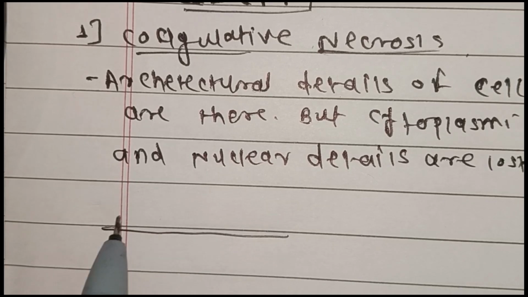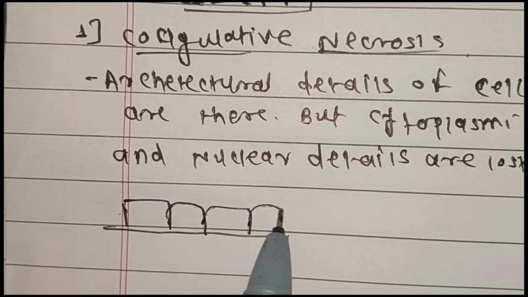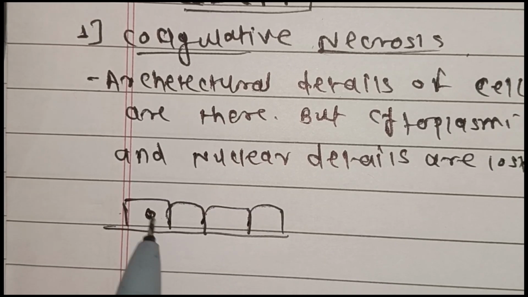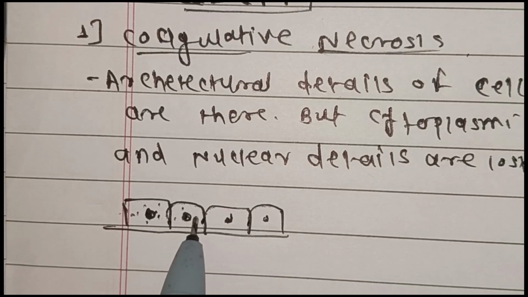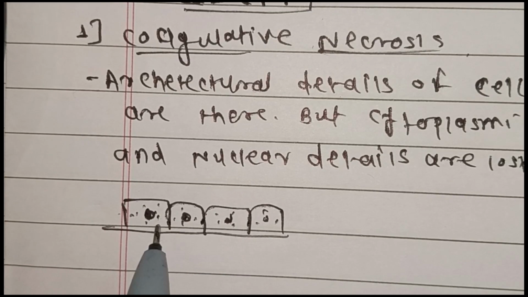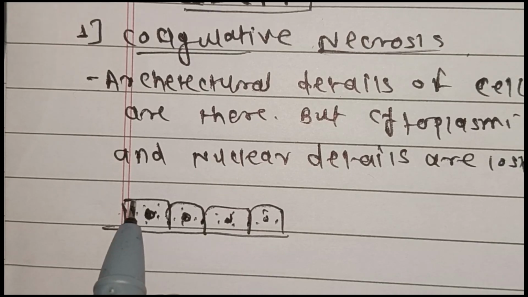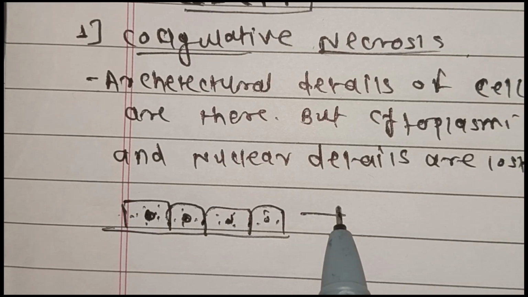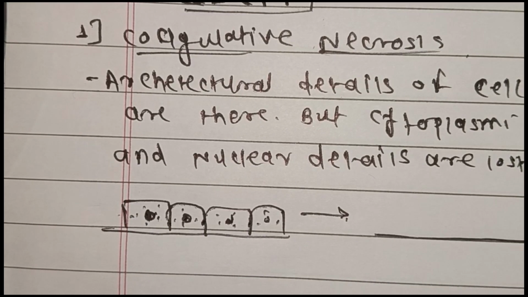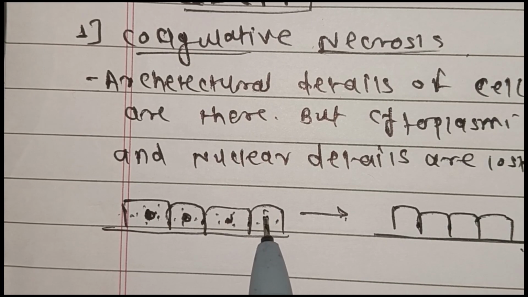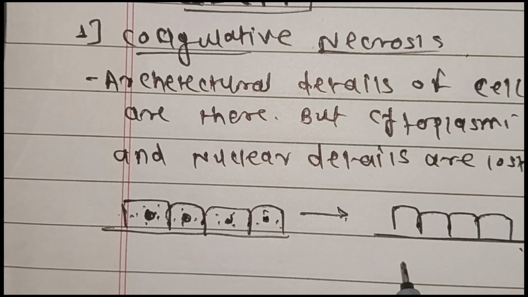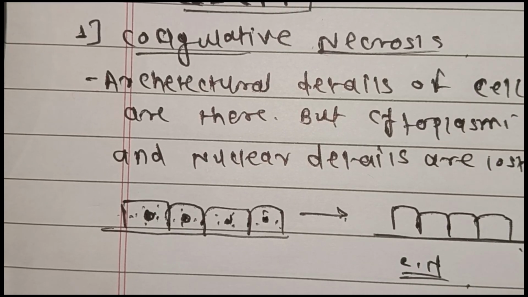As this is our normal cell, it has cytoplasmic detail, nuclear detail, and architectural detail. But in case of coagulative necrosis, only the architectural detail is present, while the nuclear and cytoplasmic details are lost. So this is coagulative necrosis.